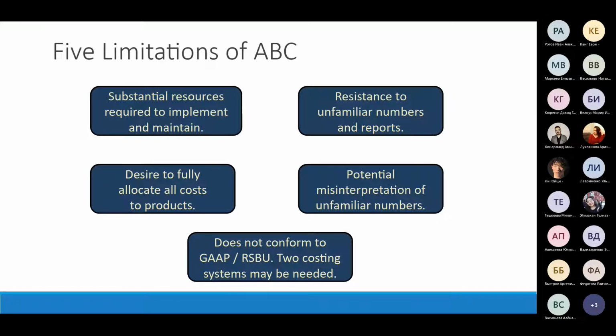And it doesn't conform to GAAP or Russian standards of accounting, so two costing systems may be needed, and this is a limitation, of course, because companies would involve more employees, and those employees would need a high education level in order to understand all ABC costing system issues.